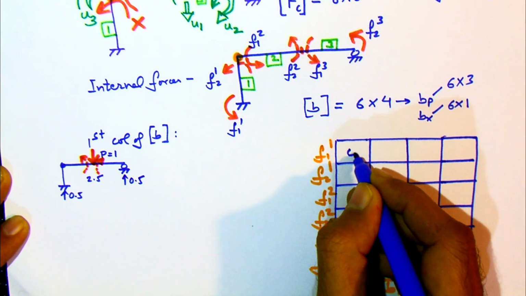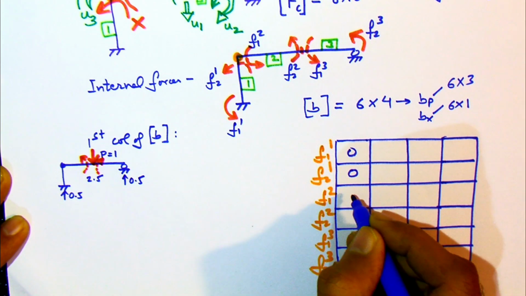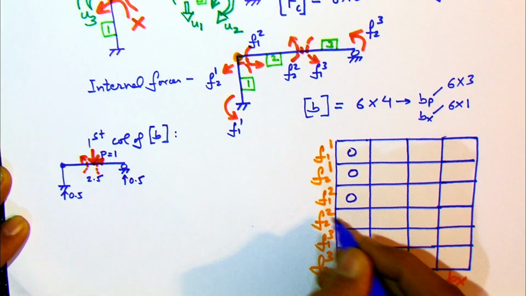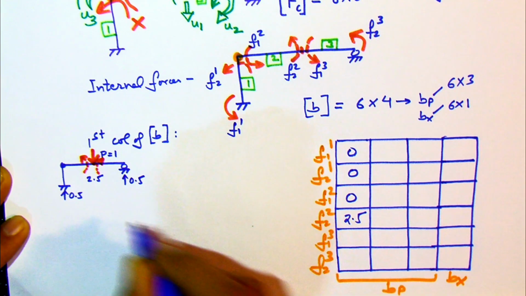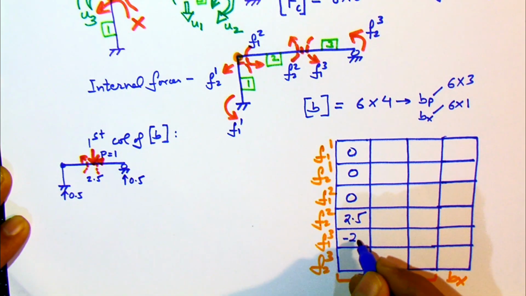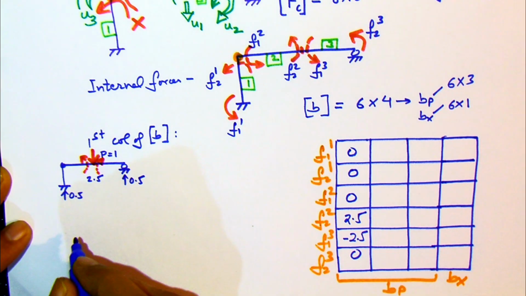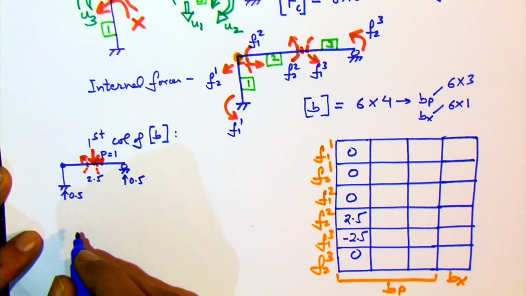The two will be equal in magnitude of 2.5, but their directions are different, so it's like a sagging bending moment. So when we fill up according to the numbering of the internal forces, we'll have 2.5 and minus 2.5. Because for internal forces we have to go strictly with the sign convention.